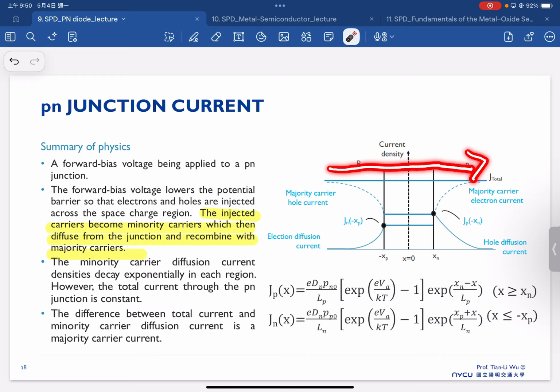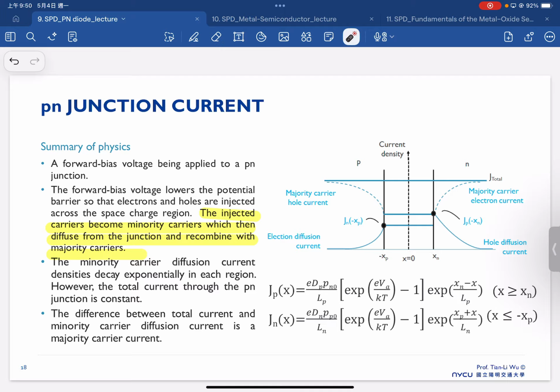But once reaching the right hand side, that becomes a minority carrier, and the electrons once reaching this side will become a minority carrier, and therefore we have to use the same concept we have learned from the excess carriers.